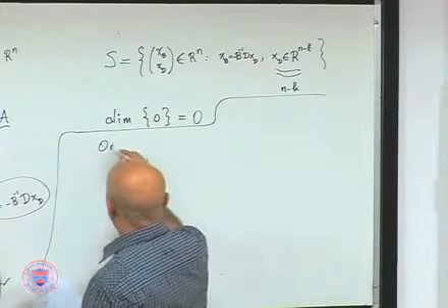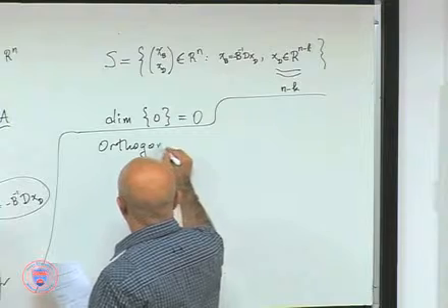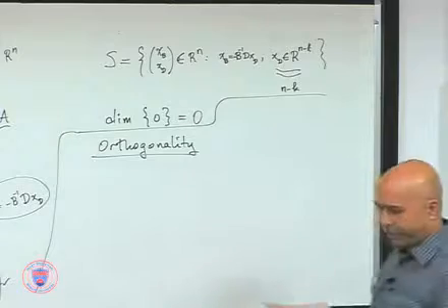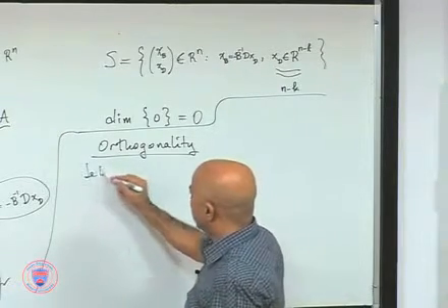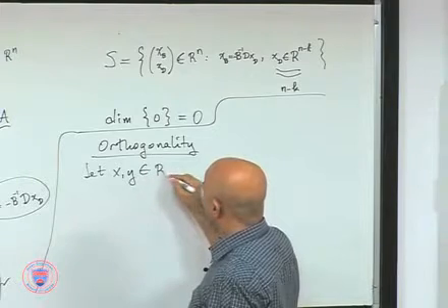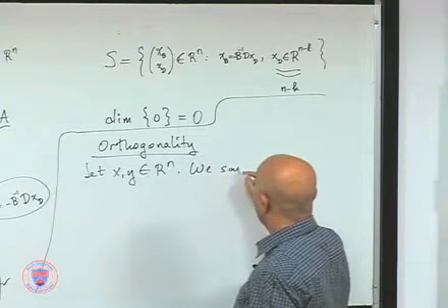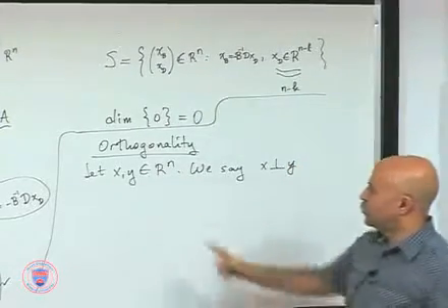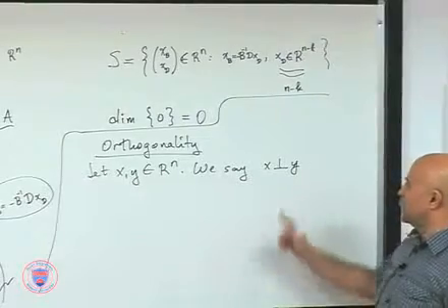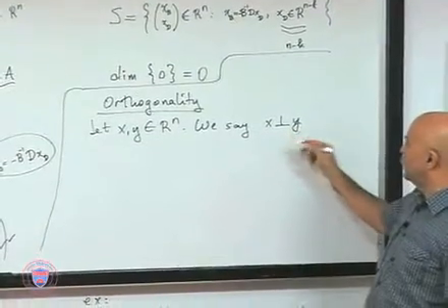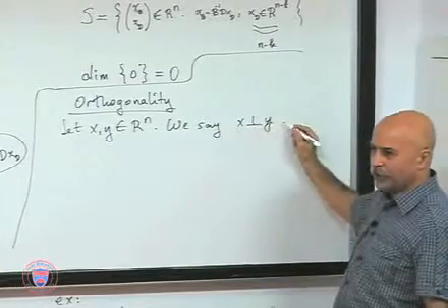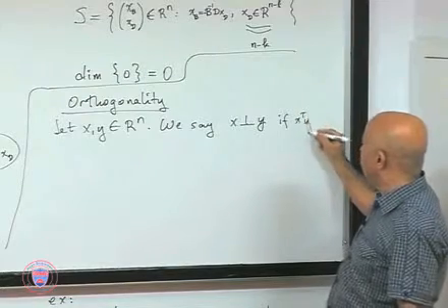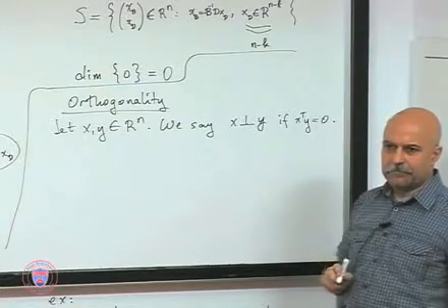Okay, let's continue with orthogonality now. If you have two points in n-dimensional space, we say x is orthogonal to y, or y is orthogonal to x, it's symmetric, if their dot product is 0.